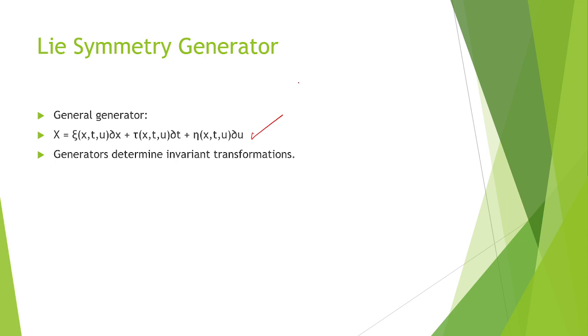So here we have a different PDE in u(t,x), where u is the dependent variable, t is an independent variable, and x is also an independent variable, but this is the time variable and this x is the space variable. This is the corresponding generator. What does this generator do? It gives us an invariant transformation.